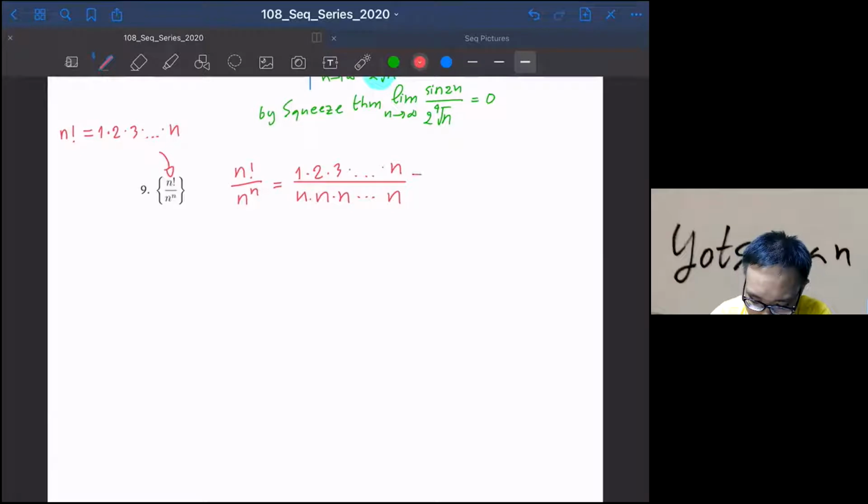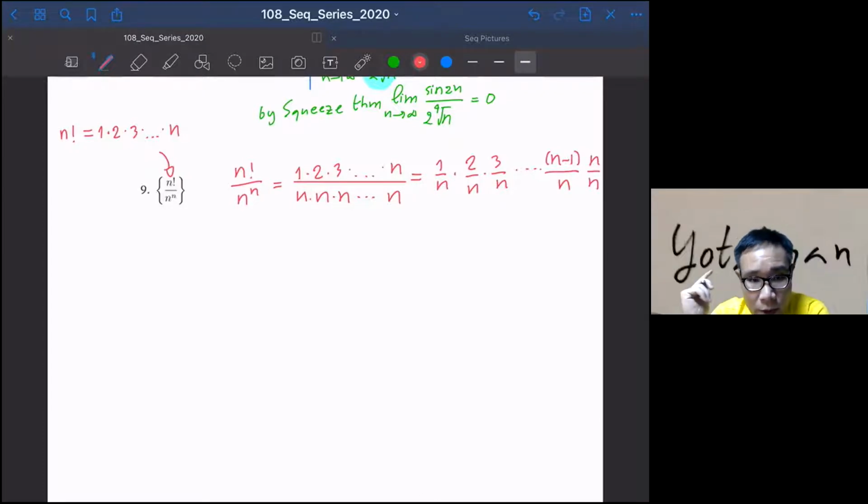So for this one, it's going to be 1 over n, 2 over n, 3 over n, and you can write n minus 1 over n, and you have n over n. So n factorial over n to the n turns out to be 1 over n, 2 over n, 3 over n, until you have n over n.